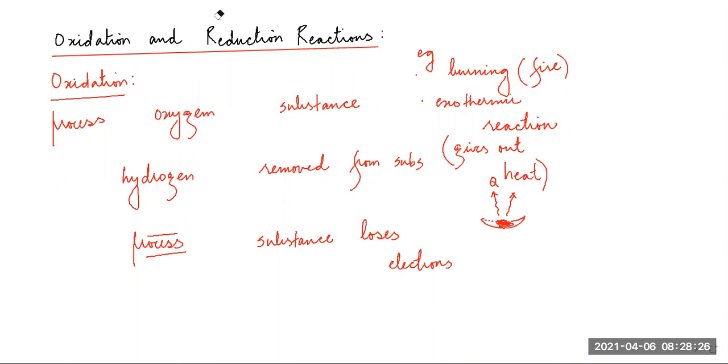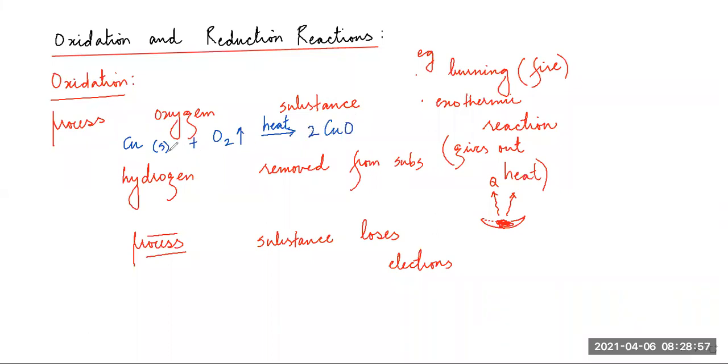See here, we have an equation: copper in solid state with oxygen, which is a gas, gives us copper oxide.